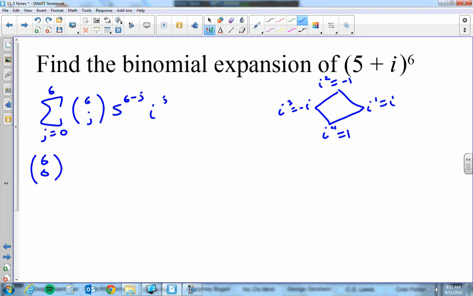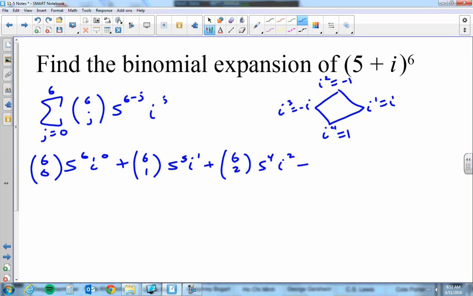So 6 choose 0, and 5 to the power of 6, i to the power of 0, plus 6 choose 1, 5 to the power of 5, i to the power of 1, plus 6 choose 2, 5 to the power of 6 minus 2, i to the power of 2, plus 6 choose 3, plus i to the power of 3. What, 2 more terms? 2 more terms.